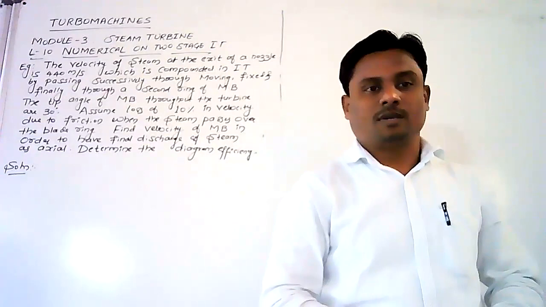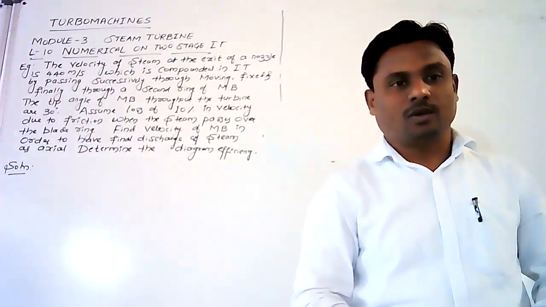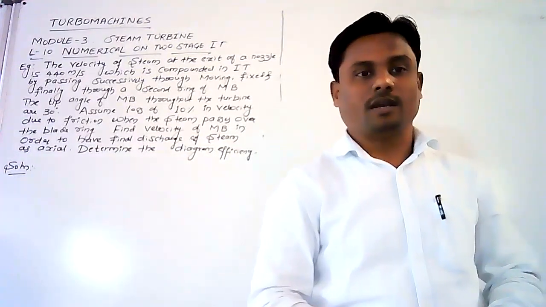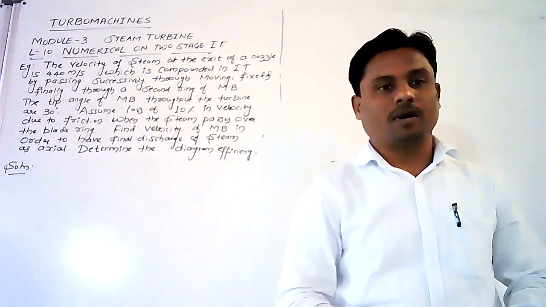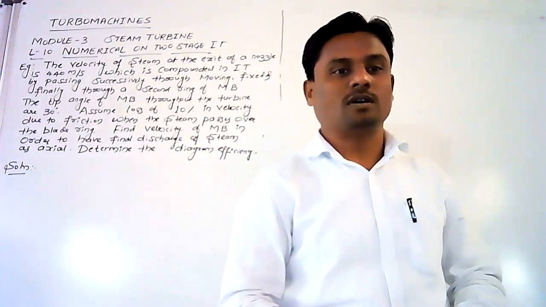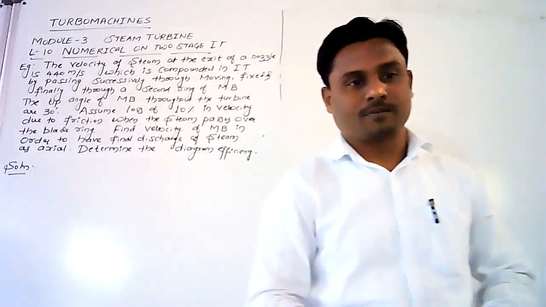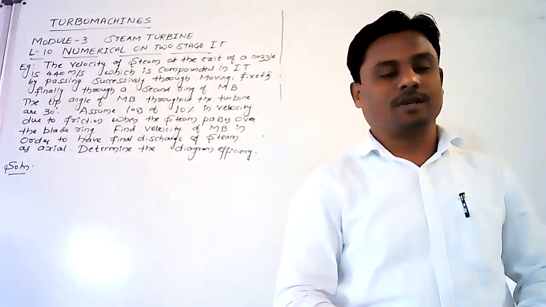The velocity of steam at the exit of nozzle is 440 meter per second, which is compounded in impulse turbine. IT stands for impulse turbine. By passing successively through the moving, fixed, and finally through the second ring of moving blades. The tip angle for moving blade throughout the turbine is 30 degrees.